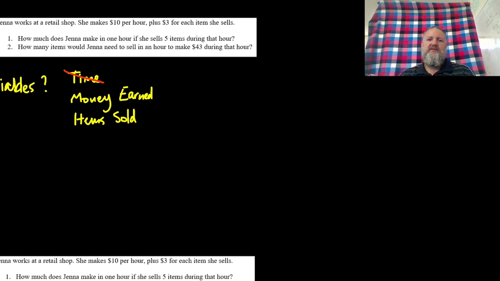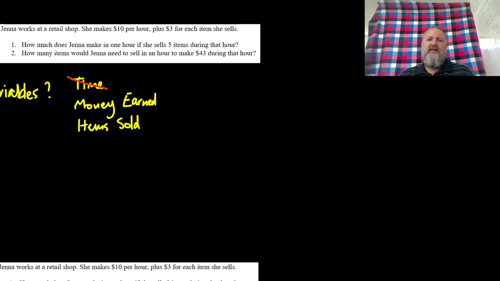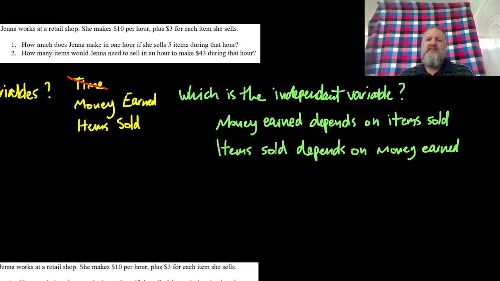Okay, so if we're not worrying about time, it's really about the money that she earns and the items that she sold. Again, we have to ask ourselves a similar question in two different ways to figure out which is the independent variable here.